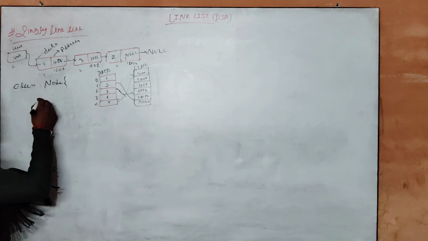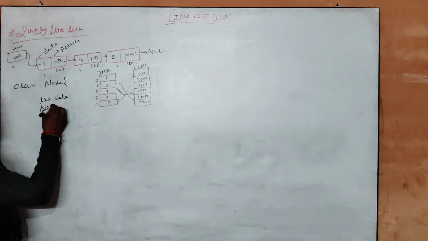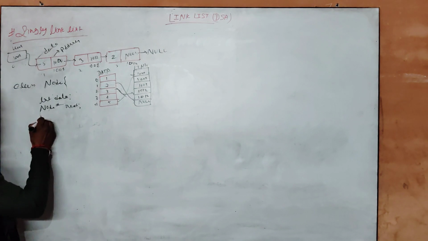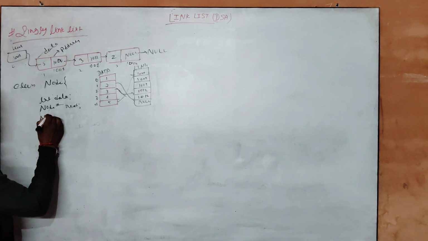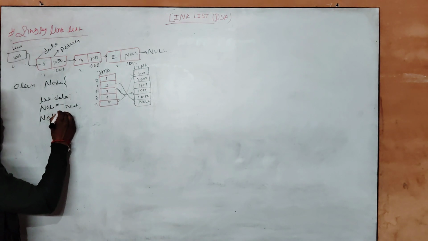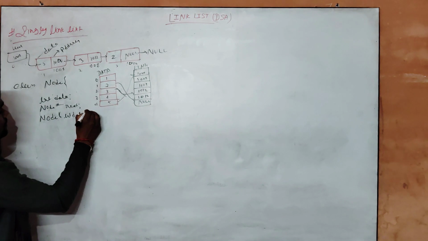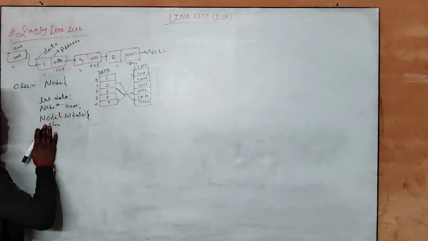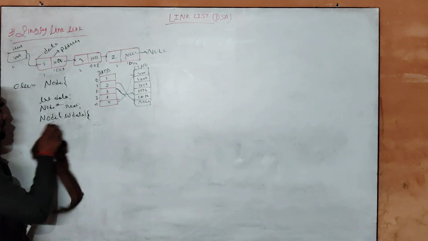Take one variable int, name is data, and take a Node pointer which represents the next value, and I am creating one constructor, name of constructor Node, int data. This is a pointer, which is used to access two different locations of the variable.